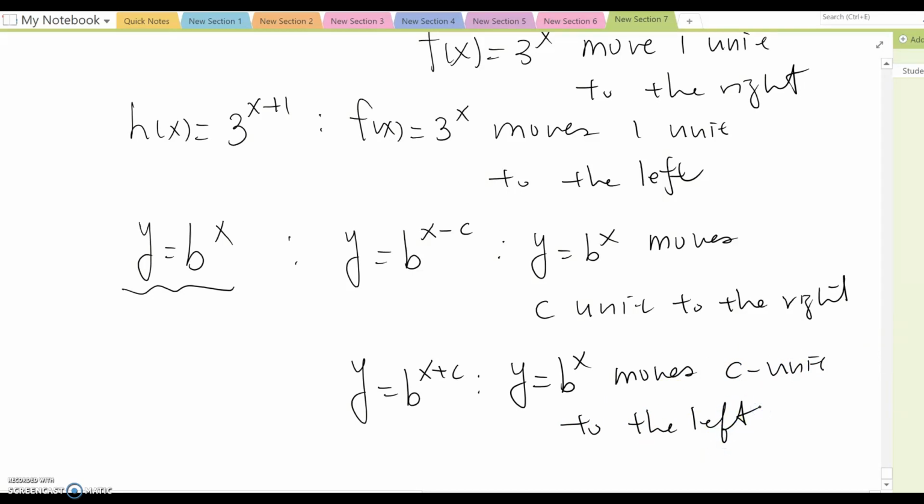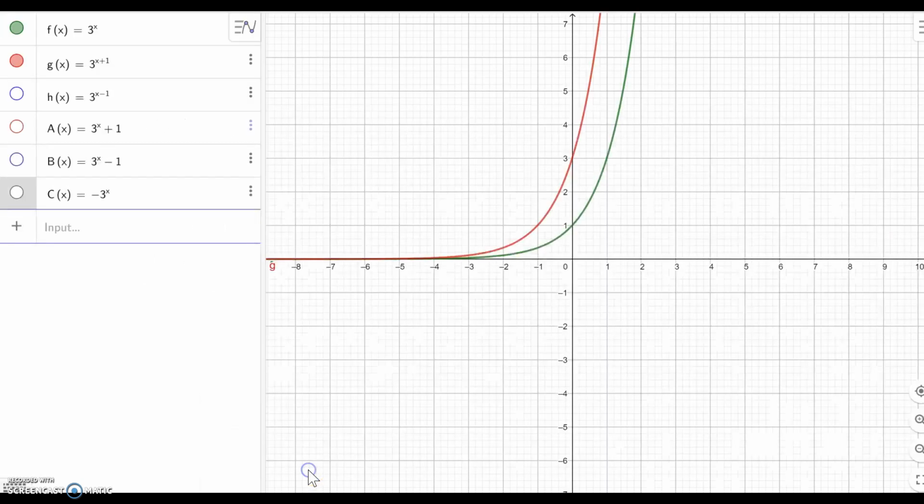Okay, so let's go back to GeoGebra again. What about the f(x) equals 3 to the x graph, and then a(x) equals 3 to the x plus 1? I'm going to turn it on, then let's see what happened. So what do you see here?